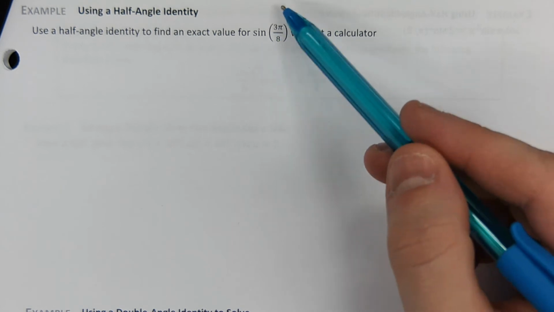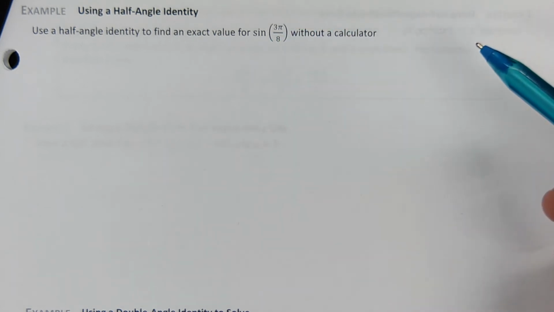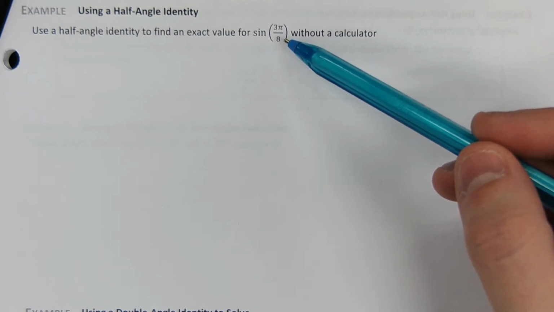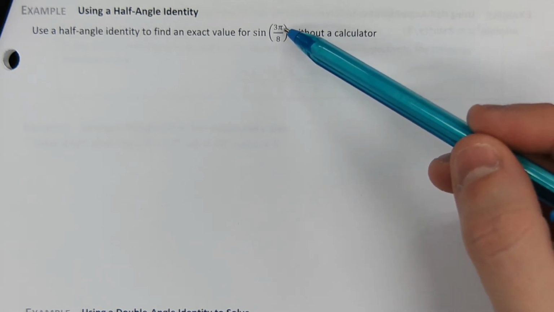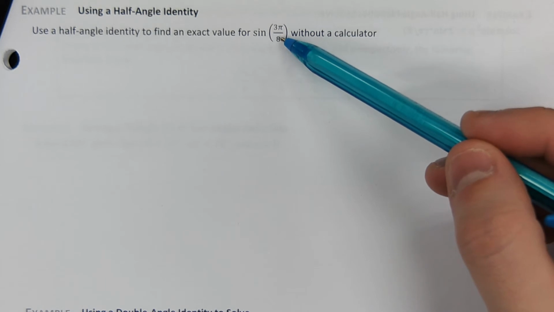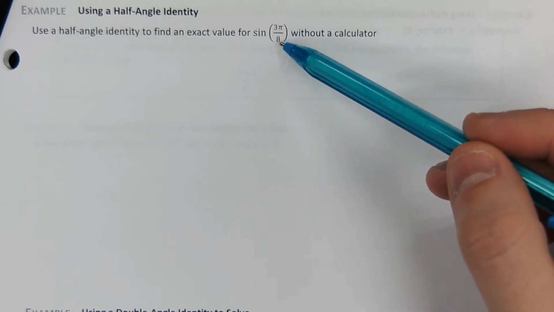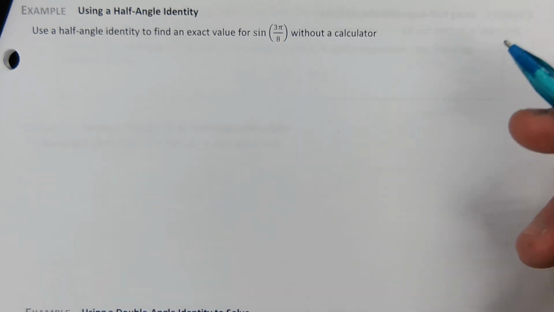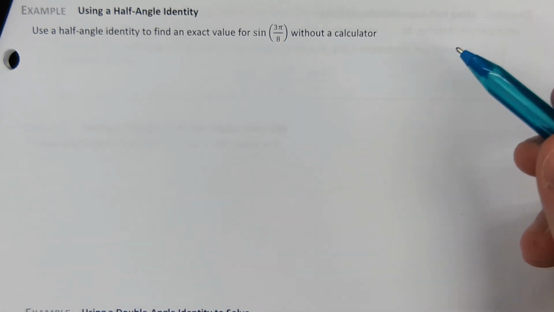These are multiples of 22.5 degrees, because pi over 4 would have been a 45-degree angle, right? So this is 22.5 degrees times 3. Is it 67.5 or something like that? Yeah, we can actually do this by hand, and we will be using the half angle identities to do this.